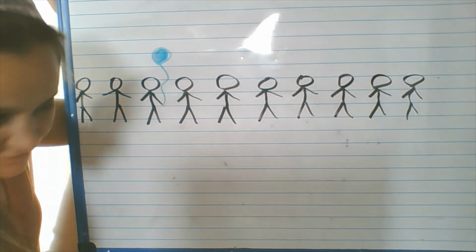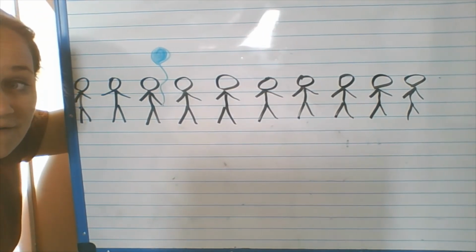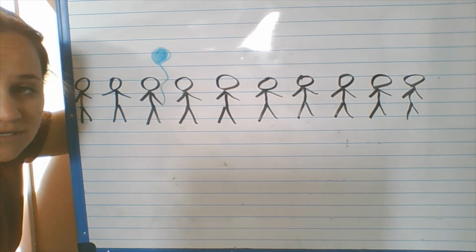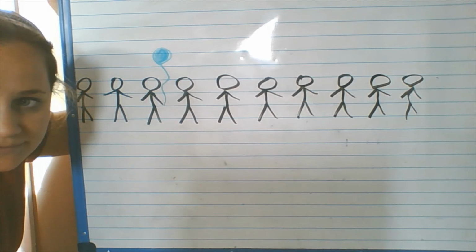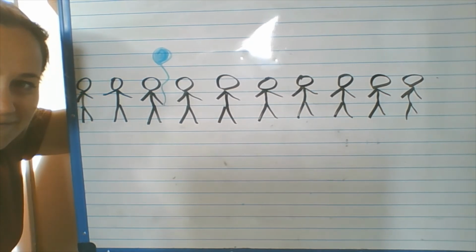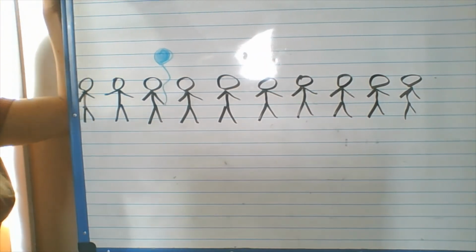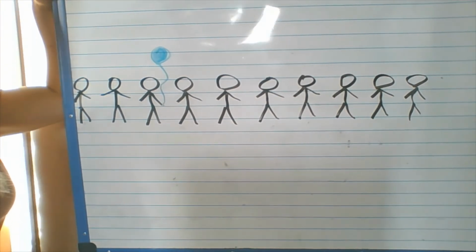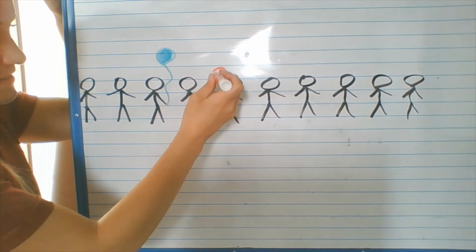The next direction says that I need to give the fifth person a red ponytail. Get to your screen. Awesome. That would be this girl.